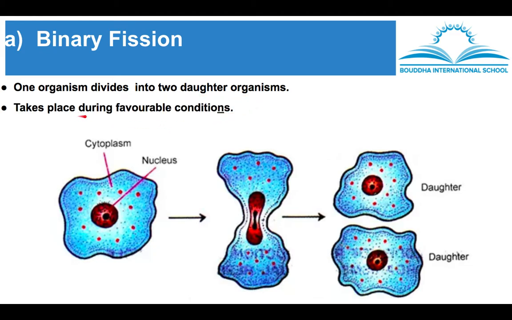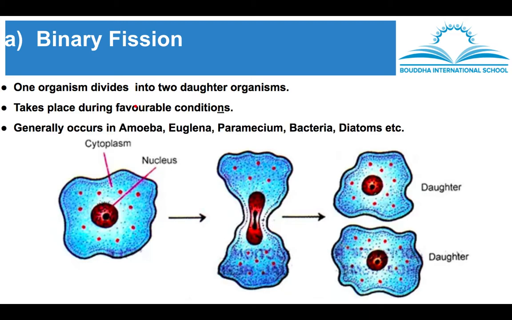And it takes place during favorable conditions, like when there is suitable temperature and enough food available. Those conditions are called favorable conditions. During these conditions binary fission takes place, and it is common in amoeba, euglena, paramecium, bacteria, diatoms, etc.